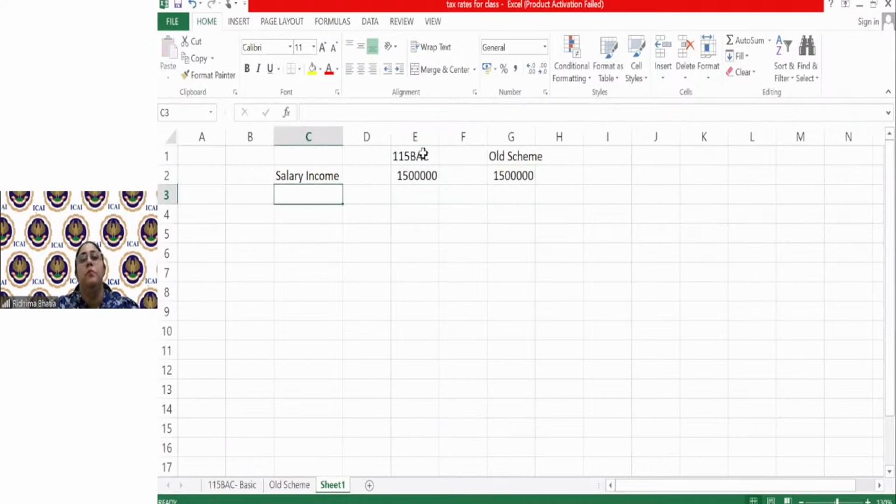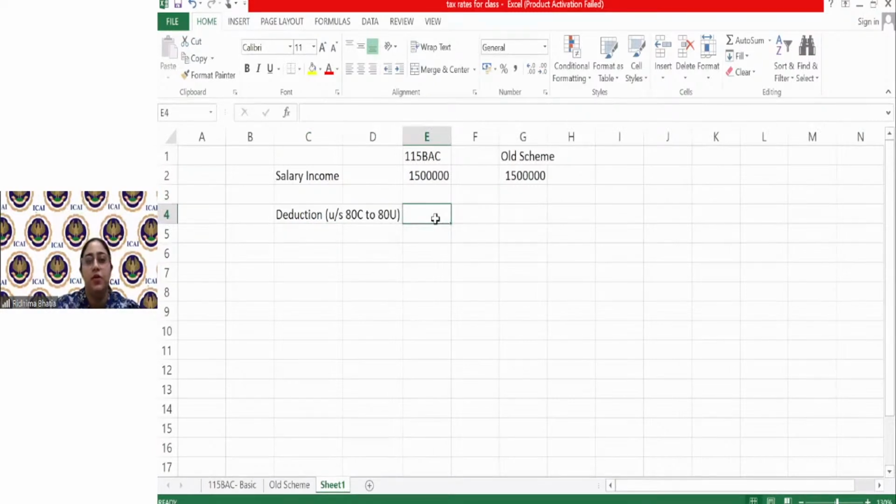Okay. But he has certain deductions under section 80C and 80D, which are not available here. That is, those deductions will not be available under 115BAC, but those deductions are available under the old scheme.